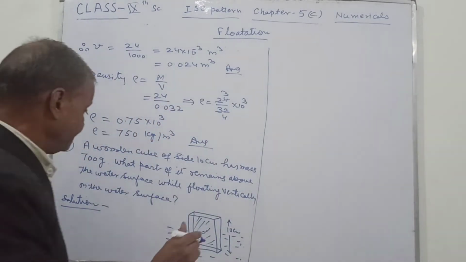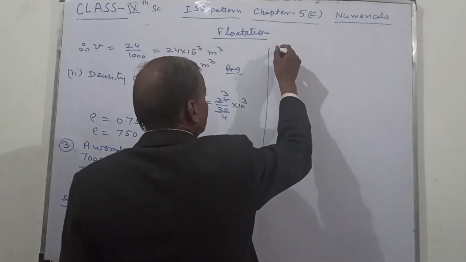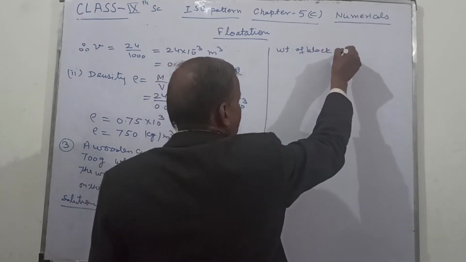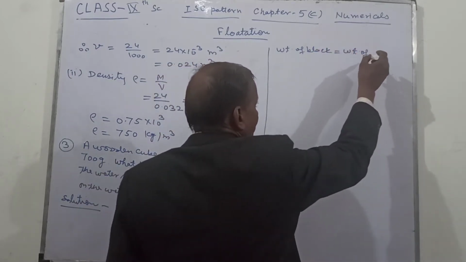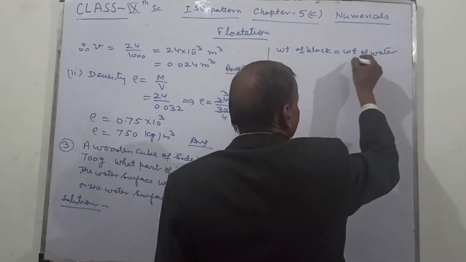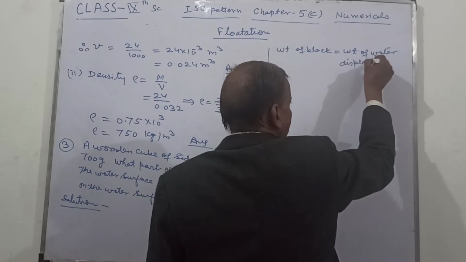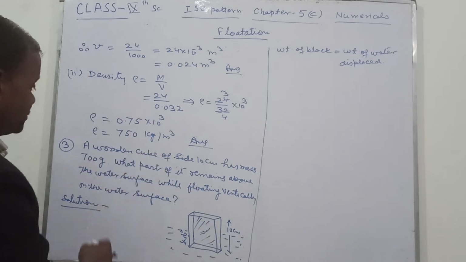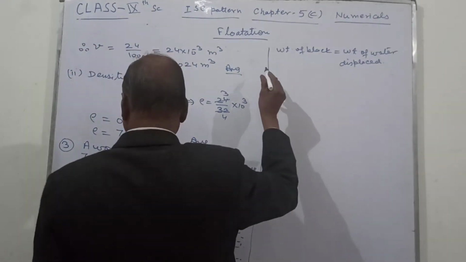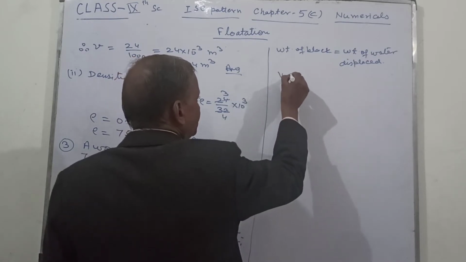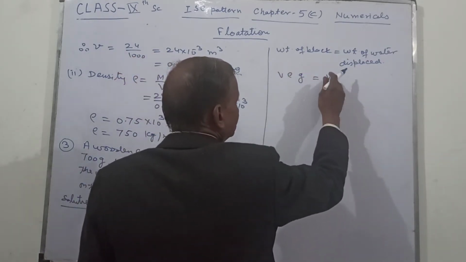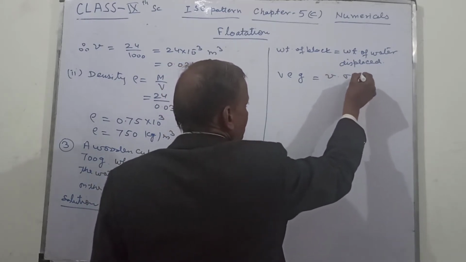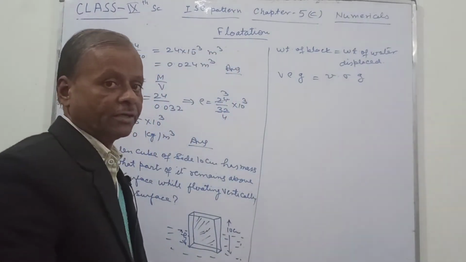Then again we have the weight of the block equal to the weight of water displaced. Here all things are given in the CGS system. So now the volume V rho into G equals small v into sigma into G, where sigma is the density of the water.